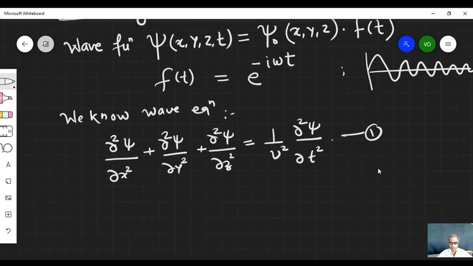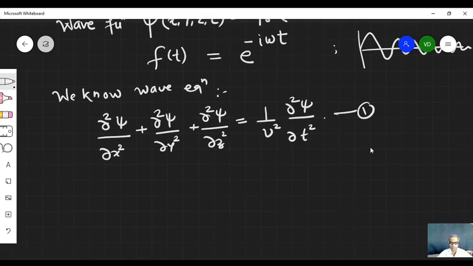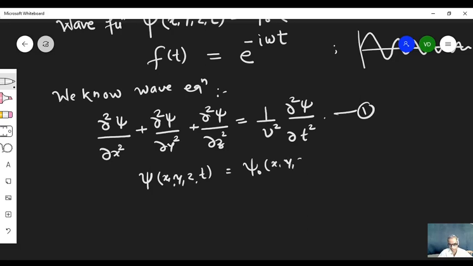Now this equation suggests that there is a change of wave function with respect to x, y, z and t. As we have already written, psi, which is a function of x, y, z and t, is equal to psi 0 of x, y, z and e to the power minus i omega t.